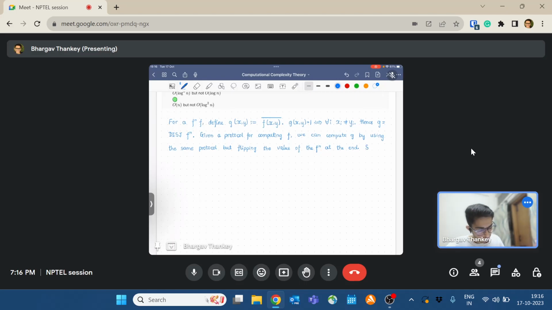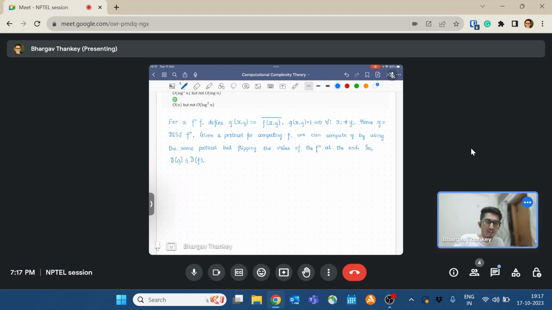And so the communication complexity of, wait, no. So I have a protocol for F, and I got a protocol for G using that. So the communication complexity of G is at most the communication complexity of F. Why? Because I have a protocol for G which uses D(F) many bits. In fact, this is an equality because G and F are interchangeable over here.